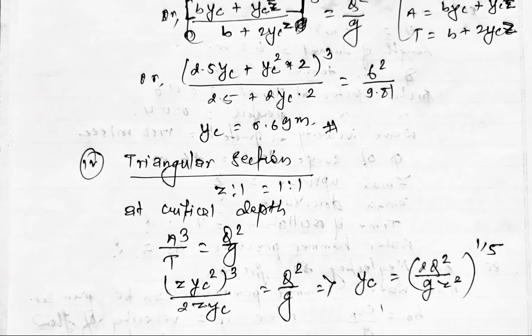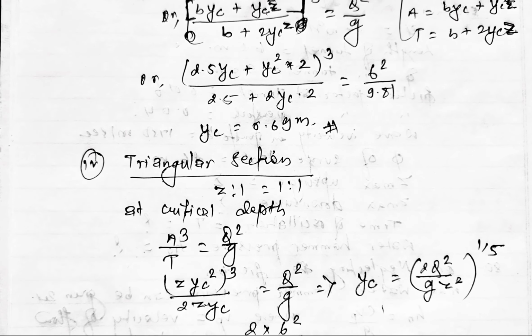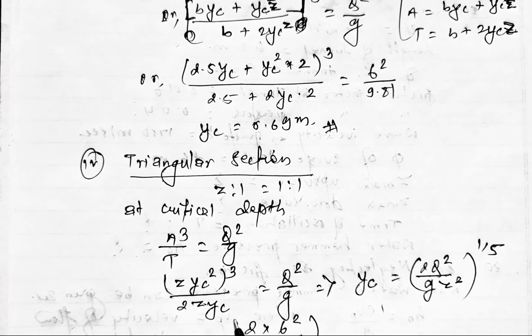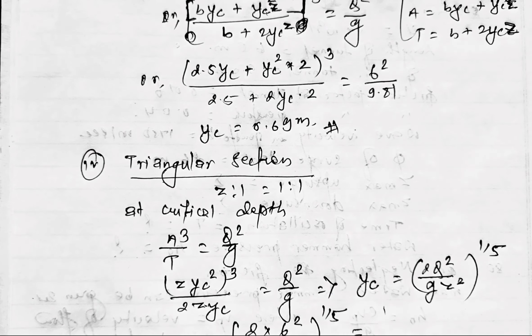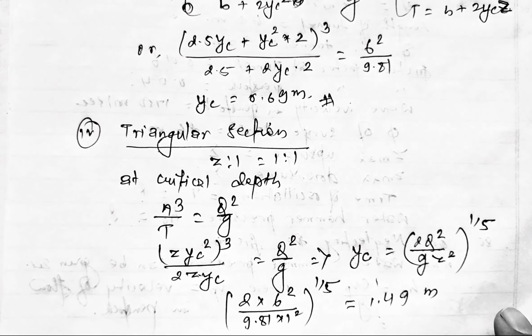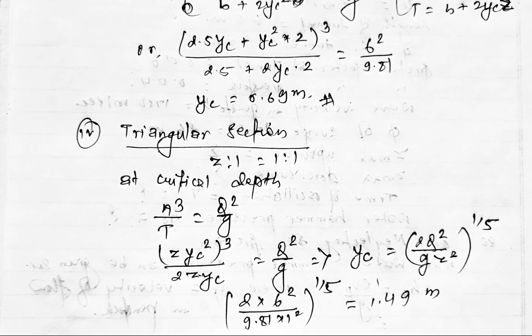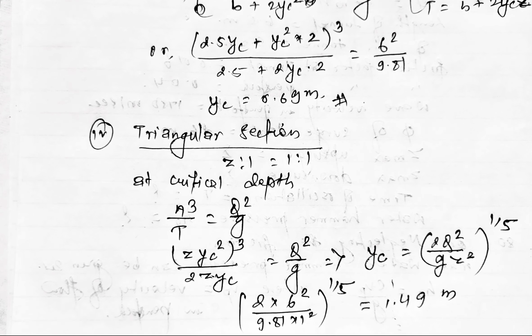So placing the values, 2 times 6 whole square divided by 9.81 times 1 whole square, power 1 by 5, and solving this, the result will be 1.49 meter, which is the required critical depth for the triangular section at the discharge 6 meter cube per second on side slope of 1:1.